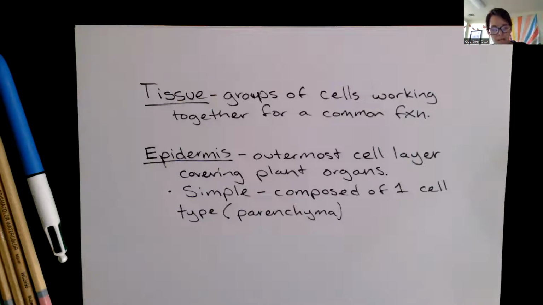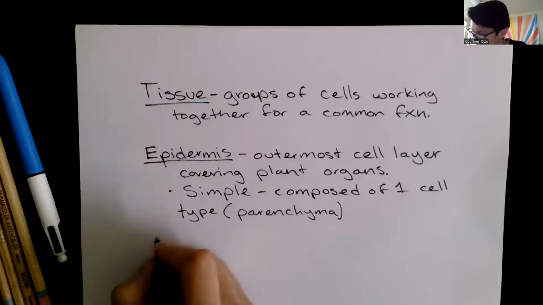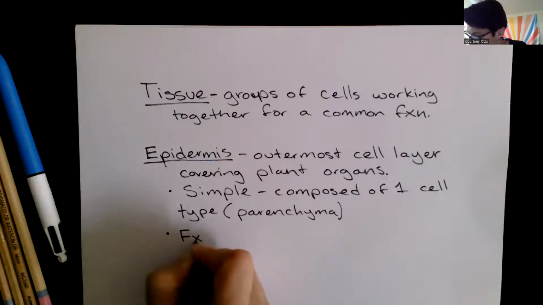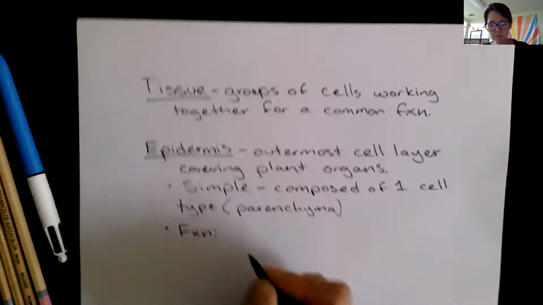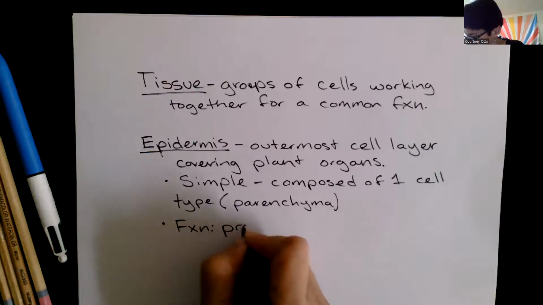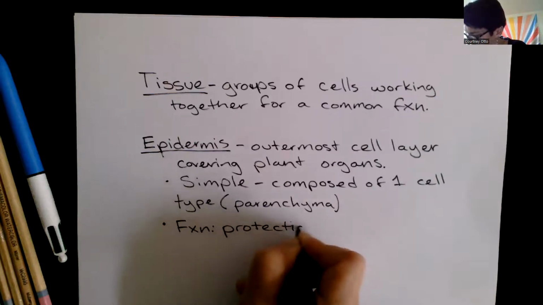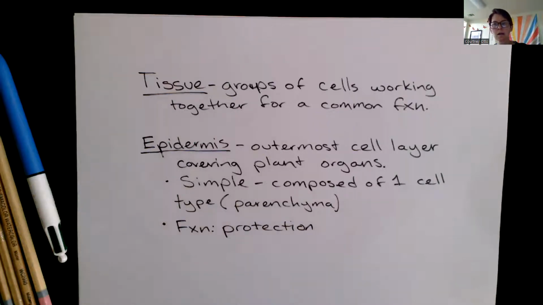And so there's this epidermal layer covering the outsides of our root stems and our leaves, and it's made up of parenchyma. And as it's forming the outside, as you might guess, it functions a little bit in protection, particularly against things like water loss. Because it's also the outside of the plant, it also is going to be responsible for exchange with the environment.